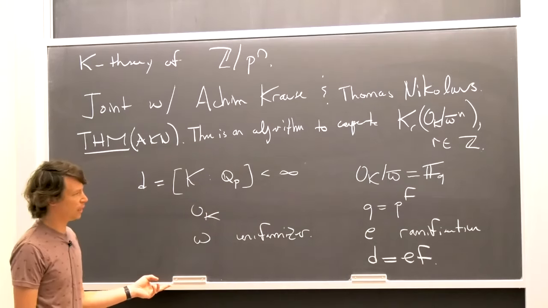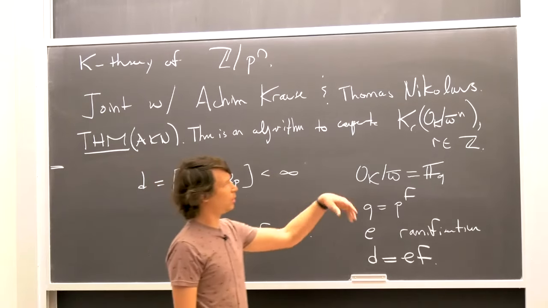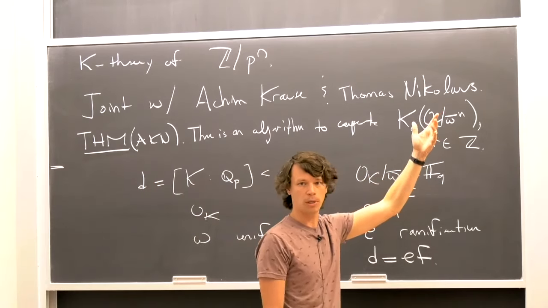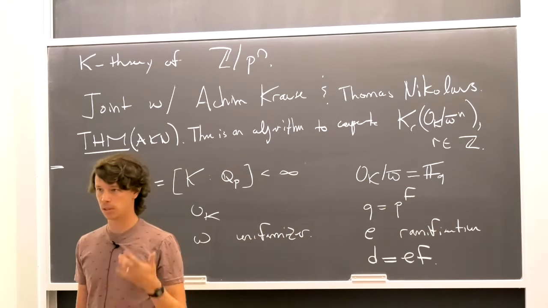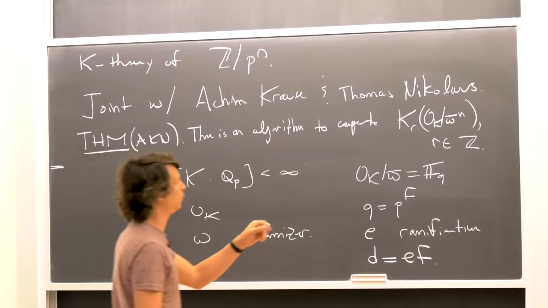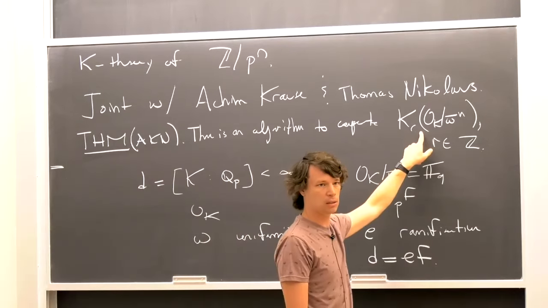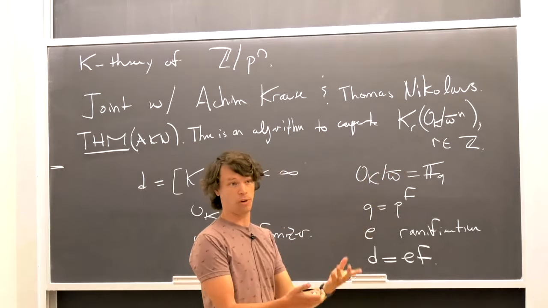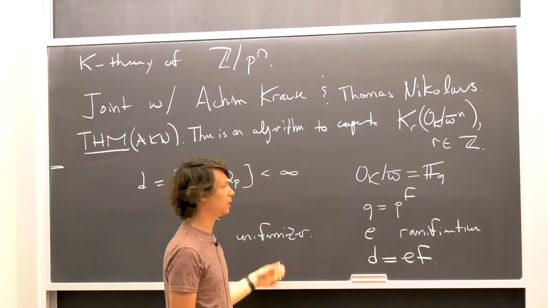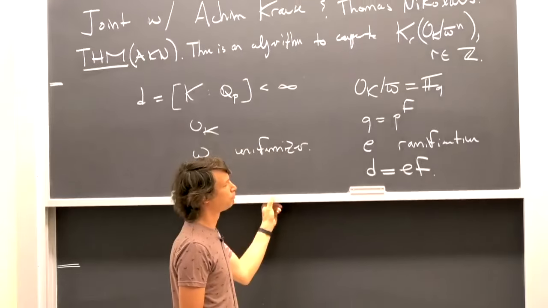Okay, so we're interested in the K-theory of quotients of discrete valuation rings of this form. And the statement of the theorem is that there's an algorithm to compute those groups. These will be finite abelian groups in all cases. We've actually implemented that algorithm to compute this in any given range, at least if you have enough computer power.